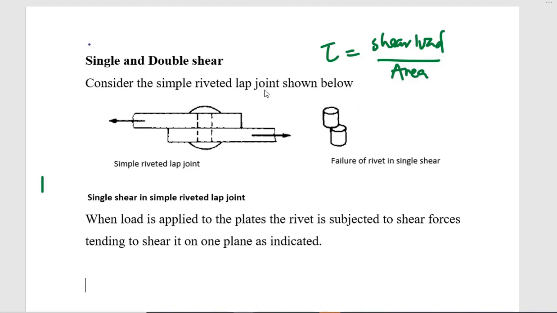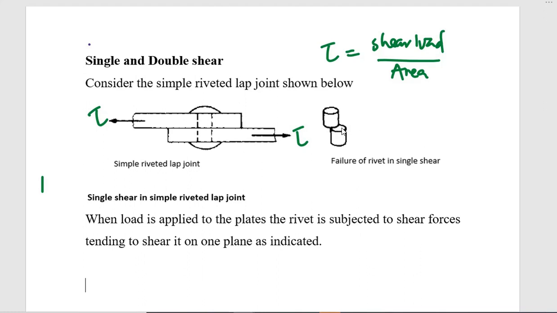Consider the simple riveted lap joint shown below. This member is being joined to this member by a rivet, and this is called a lap joint. If you apply forces and there is a shear stress tau, this rivet or pin is going to fail in a single plane.